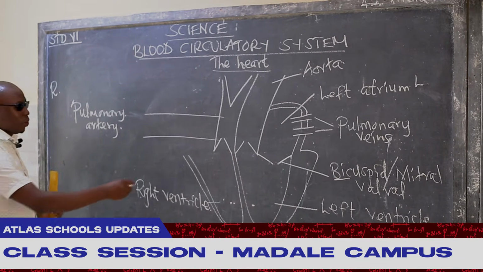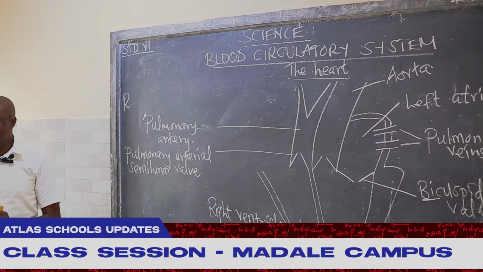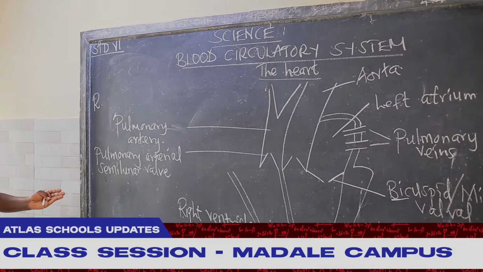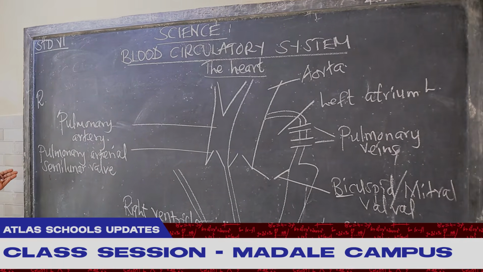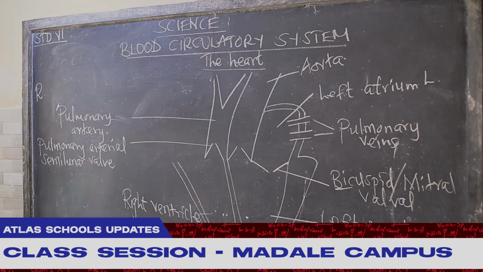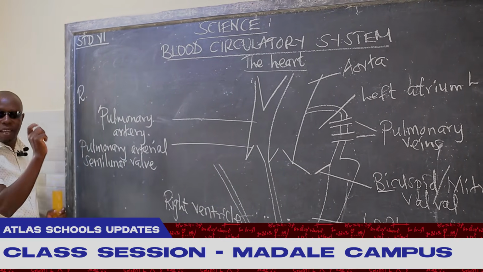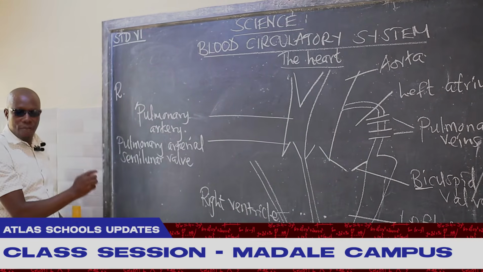Of blood. So this one here, can you say pulmonary arterial semilunar valve? We say pulmonary arterial because it is inside the pulmonary artery. But the proper name is semilunar valve.